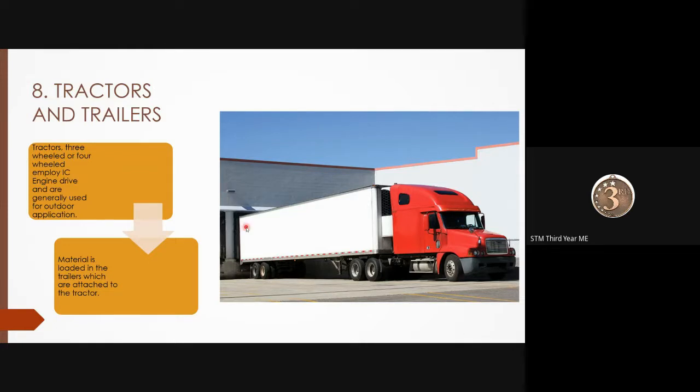So the raw materials are brought to the industry, and from the industry they are then packaged into a product, and from that packaging itself the product is sent into the market. These are done by the tractors and trailers.